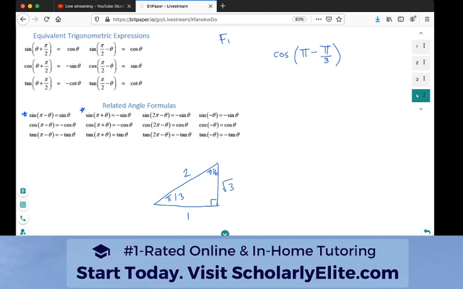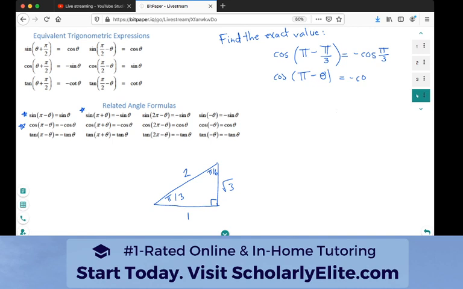The question asks us to find the exact value. Okay, so we know that when we have pi minus some theta, because this is cos of pi minus theta, I can look over here and see that I do have a related angle formula. So I have negative cos of pi by 3.